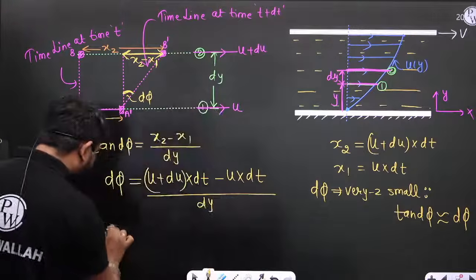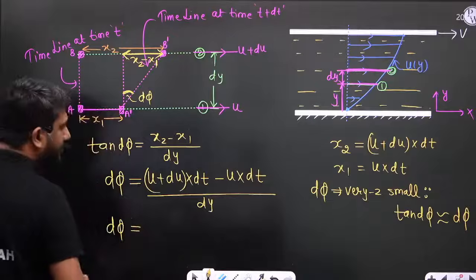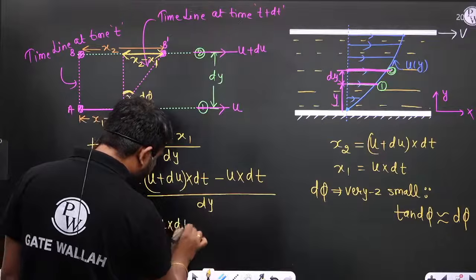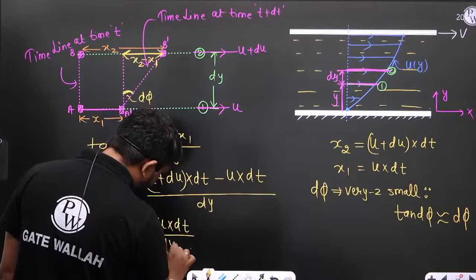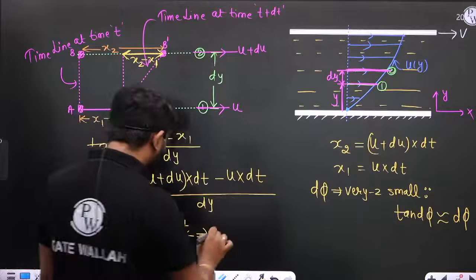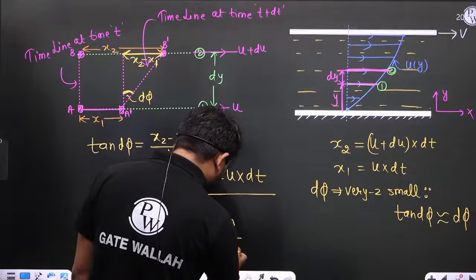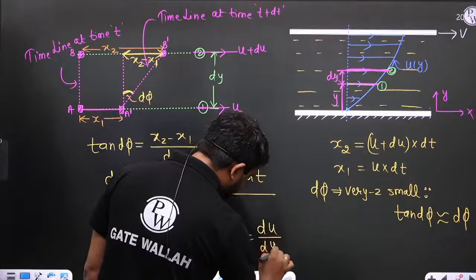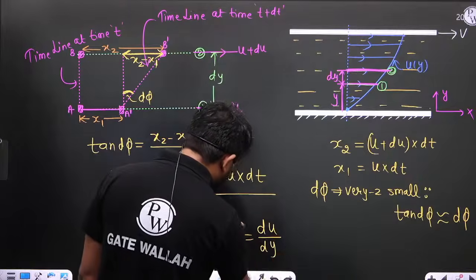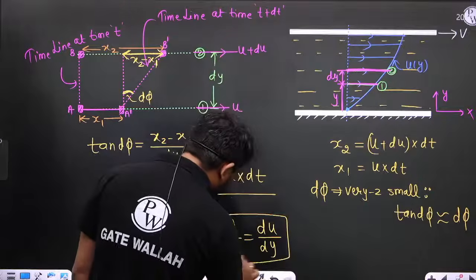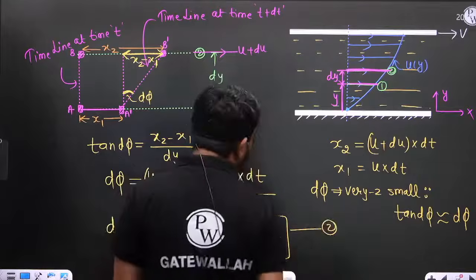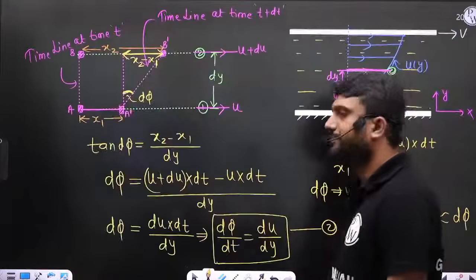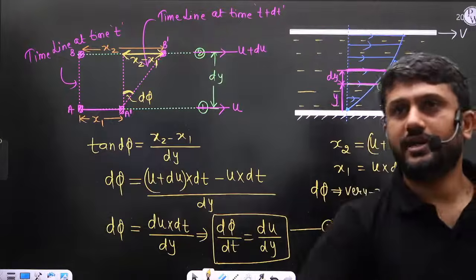So simply d phi is equal to du into dt upon dy, and from here we can write that d phi by dt is equal to du by dy. Let us consider this is equation number 2, and the earlier one is equation number 1.